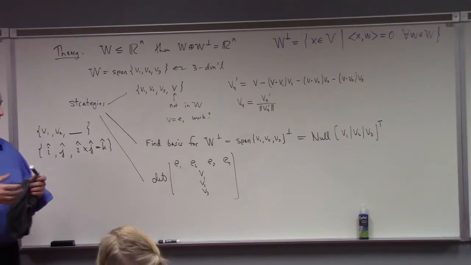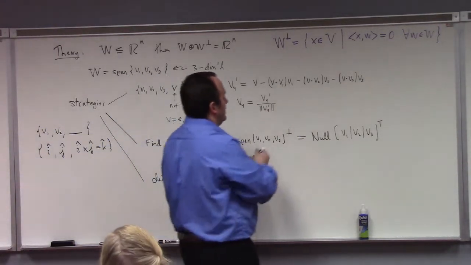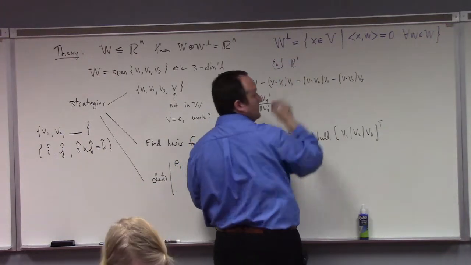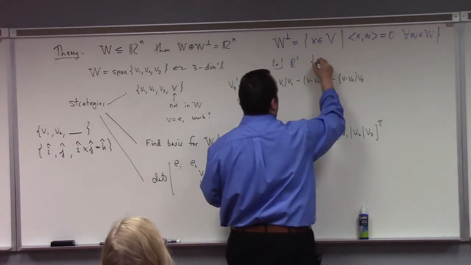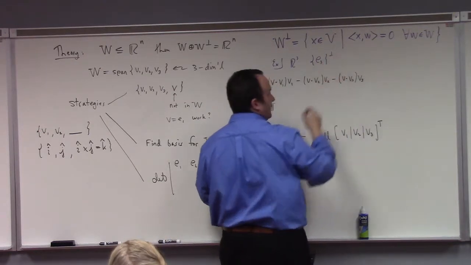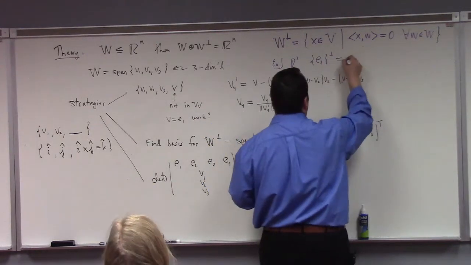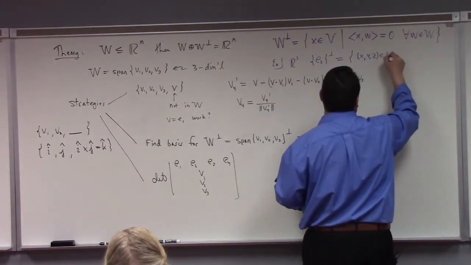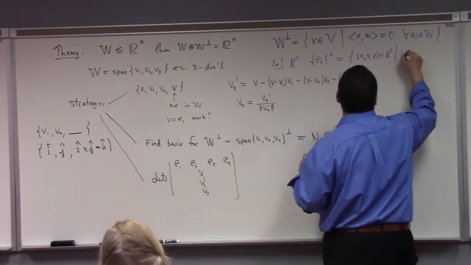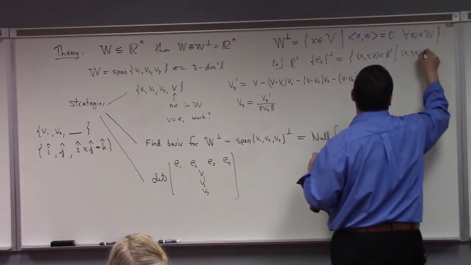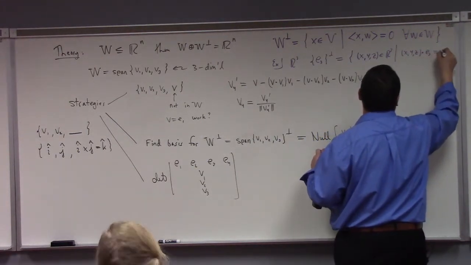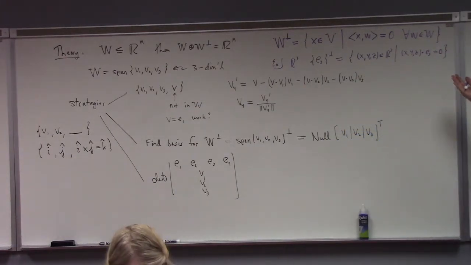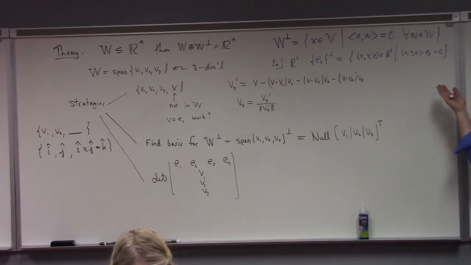So this is the cool thing about perp. If I'm in R3 and I ask what's the perp of E3, that would mean all x, y, z in R3 such that x, y, z dotted with E3 equals 0. Here, for all w just means E3, because that's all there is.